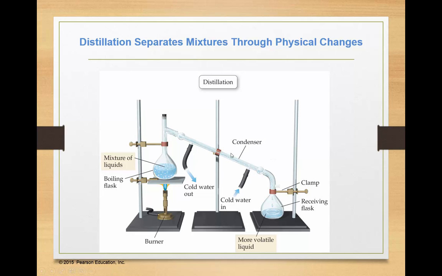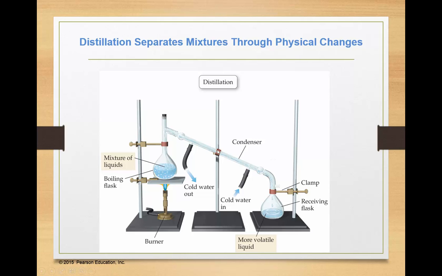We put cold water at the bottom, we let it come out at the top, and it creates this cooled area, this cooled circulation, so that as the hot gas comes up here and enters into this area, it loses energy, recondenses to a liquid, and then runs down that inner tube and then into what is known as a receiving flask. So whichever liquid is more volatile, boils at a lower temperature, will come through here first.